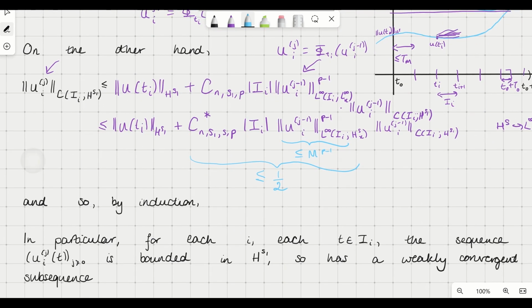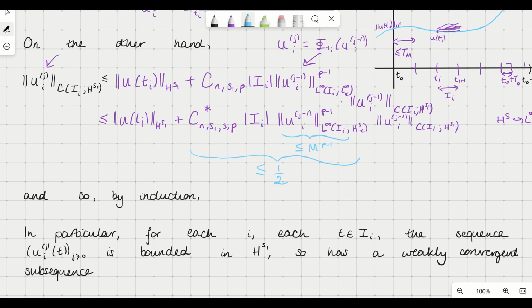Sorry. Okay, so then once you know this, by induction, it follows that the norm of u_i^j in C(I_i, H^{s1}) is less than or equal to twice the norm of u at time t_i in H^{s1}. So I mean, this is really easy to check by induction from this inequality above.